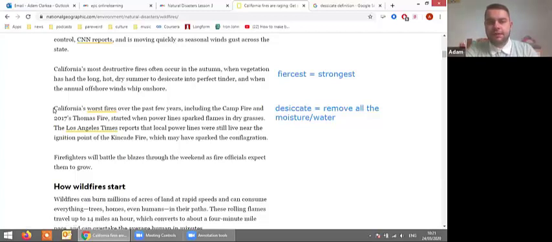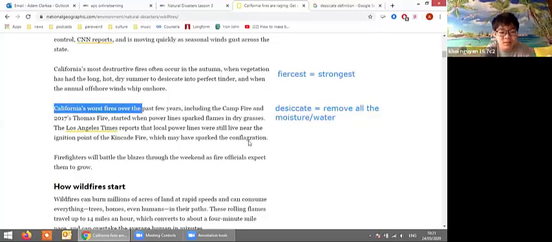California's worst fires over the past few years, including the Camp Fire and 2017 Thomas Fire, started when power lines sparked flames in dry grasses. The Los Angeles Times reports that local power lines were still live near the ignition point of the Kincaid Fire, which may have sparked the conflagration. Good.